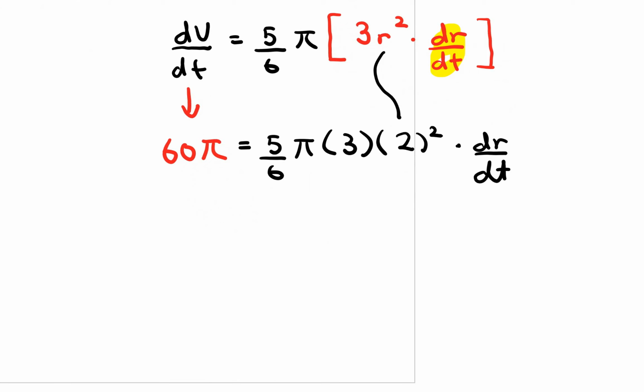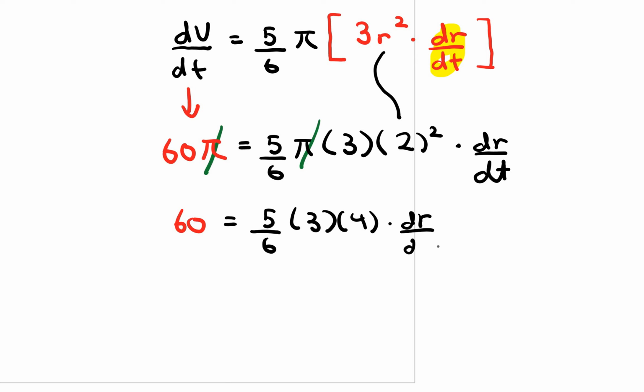So a little bit of math here to find dr over dt. I can cancel out the pi's. If I keep on going here, let's just write out the 60 here. I get 5 over 6, and this is 3 times 4 times dr over dt.